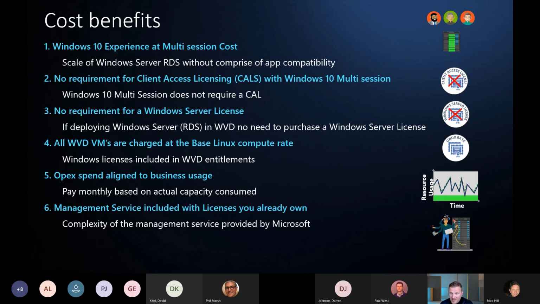So that can be a significant discount. And the reason that they're charged at that cheaper rate is because WVD is entitled through some licensing that also includes your rights to Windows Server. So we're not going to charge you twice for effectively the Windows license running on these virtual machines. So WVD will always be the cheapest place that you can run Windows VMs effectively.